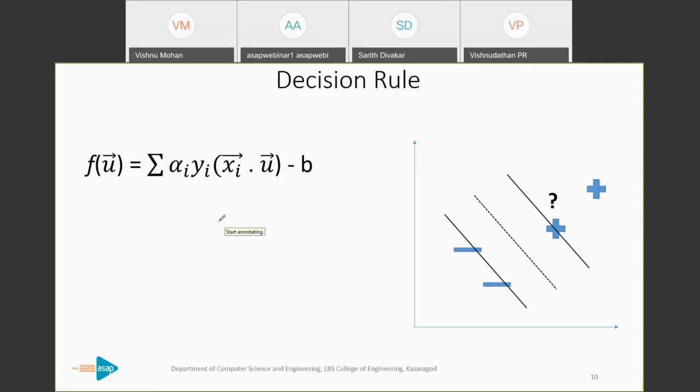Say you have negative samples like this, you have positive samples like this. Okay, so in the example that we are seeing now, this is your decision boundary and these samples are linearly separable. But real-time data may have some noise. Maybe you get a positive sample over here. Then you cannot actually use the decision rule that we have defined now. For that, we have a different variation of support vector machine. It's called the soft margin.